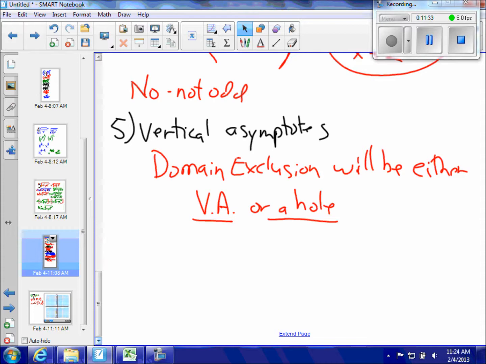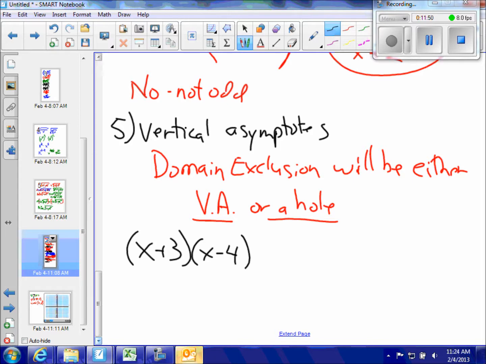I'm going to pause here, and I'm going to take a detour. I'm going to write an equation here, a rational function, that is not the one we're dealing with. I'm going to write x plus 3, x minus 4, divided by x plus 3, x minus 2.